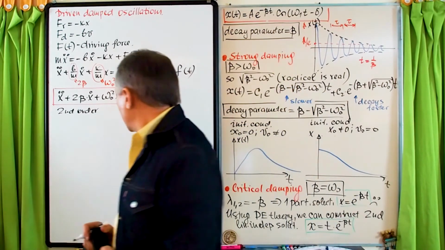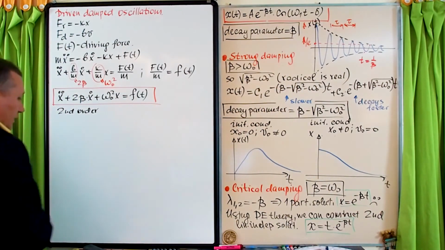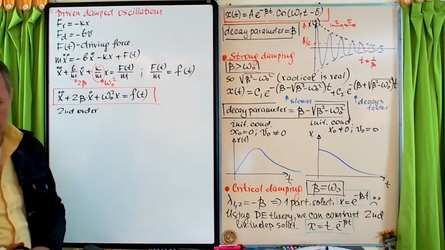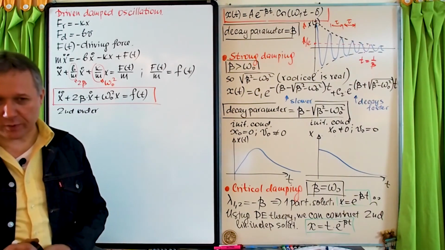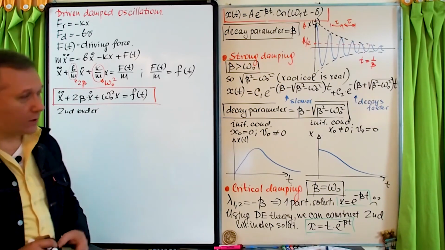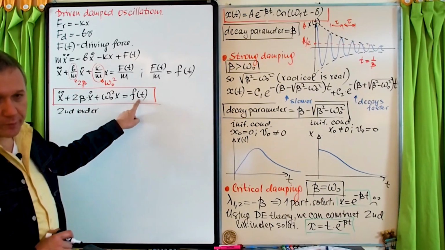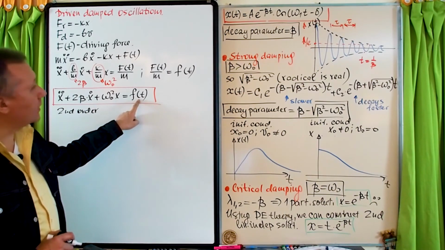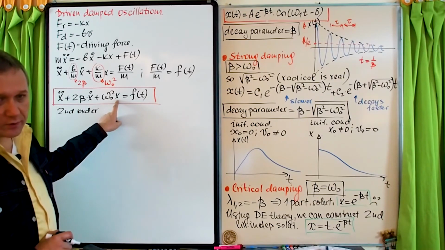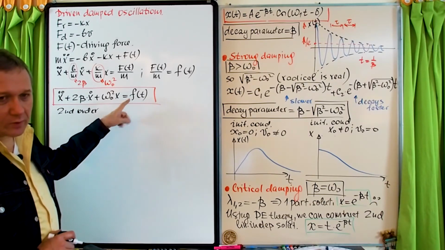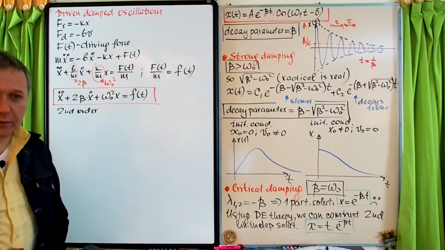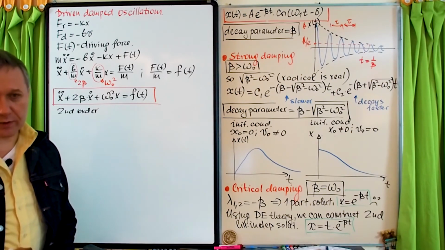And what is the major difference relative to the differential equations which we had before? That now we have a free term. We have a term which doesn't have x in it. It means that now it's an inhomogeneous differential equation.